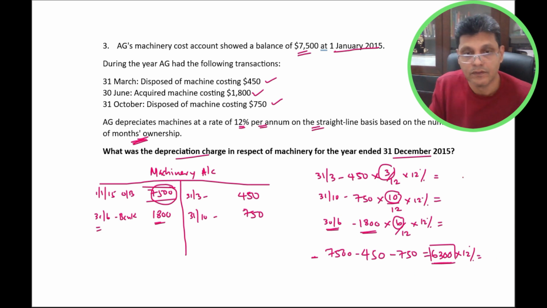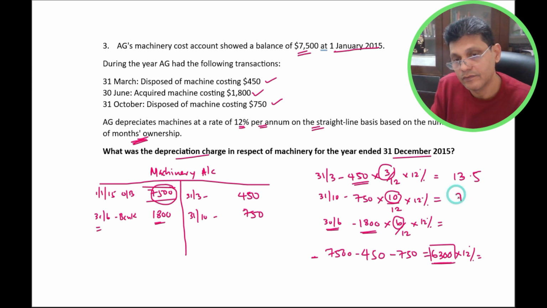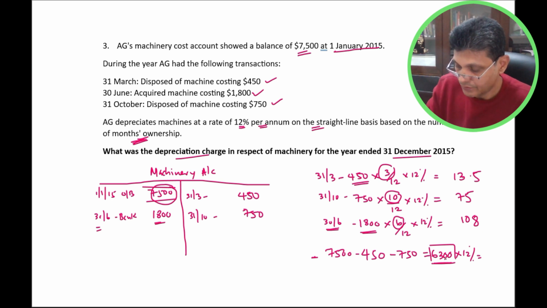because this was held throughout the period. So when you take the depreciation for 450 for 3 months, that will be 13.5. Then 750 for 10 months at the rate of 12% is going to be 75. 1,800 times 12% times 6 months will be 108, and 6,300 times 12% is 756.